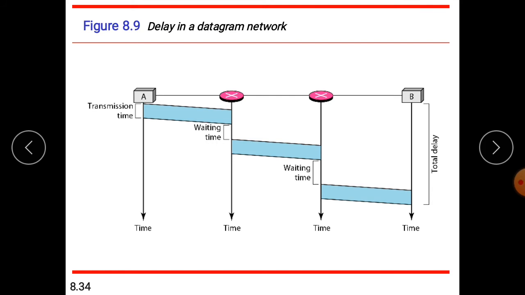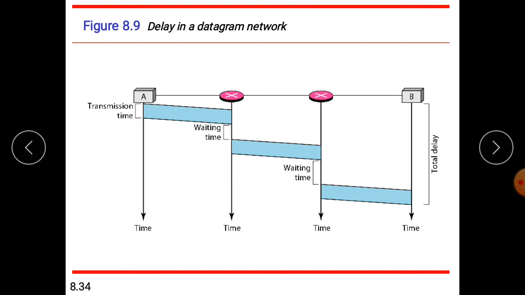So there are a total of three transmission times, and there will be three propagation delays, 1, 2 and 3, and two waiting times, that is this waiting time W1 and this one waiting time, W2.